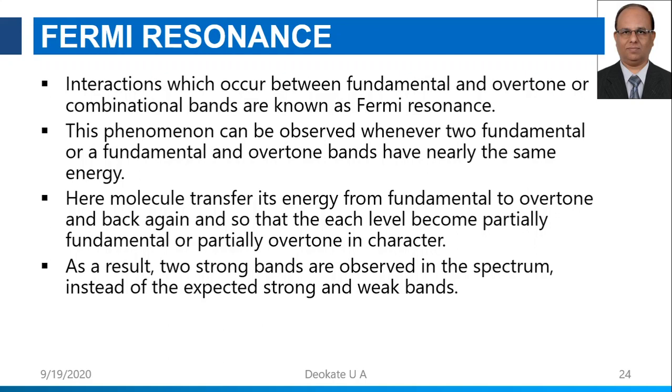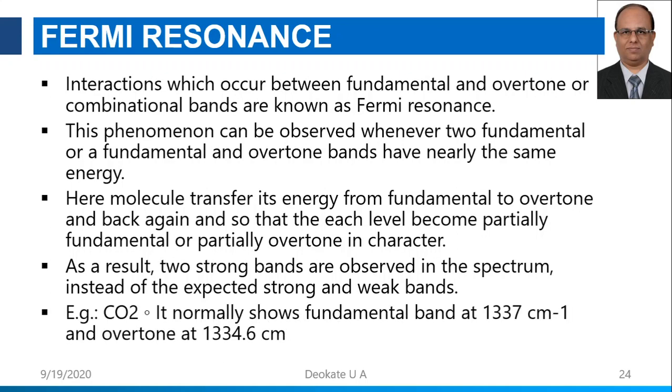So there should be one strong band and one weak band, but rather we get two strong bands, and that is due to the coupling of the vibrations of two similar atoms. You can take the example of carbon dioxide. It normally shows a fundamental band at 1337 centimeter inverse and an overtone at 1334 centimeter inverse. So this is known as Fermi resonance.